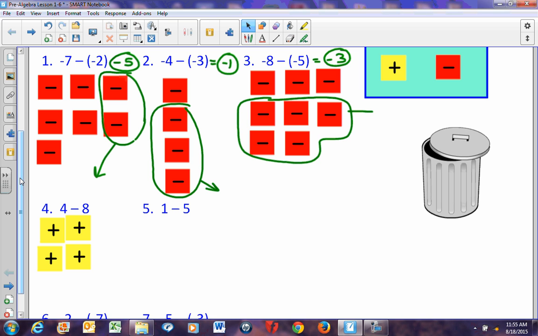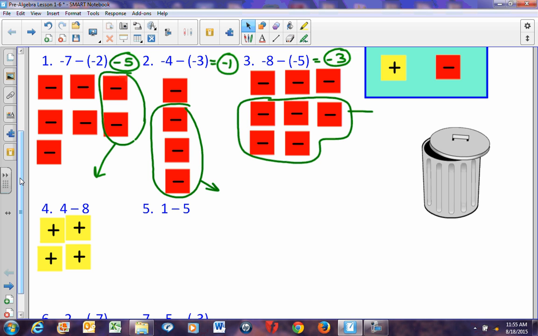And from that, I'm supposed to take away 8 positive tiles. I can't take away 8 positive tiles because there's only 4 positive tiles there. That's like me coming up to you and saying, give me $10 if you don't have $10. It's actually impossible for you to give me something you don't have. I cannot take away 8 tiles here because I don't have 8 tiles.